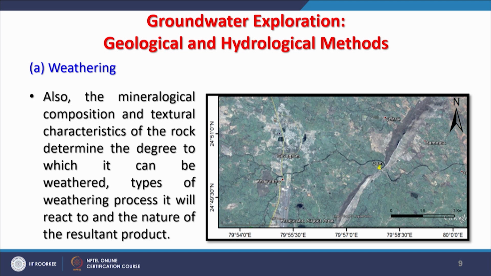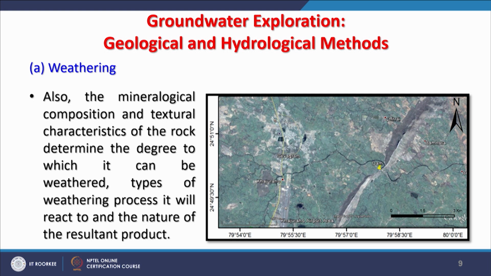Further, the mineralogical composition and textural characteristics of the rock determine the degree to which it can be weathered. If I give this example, this is Bundelkhand granite, or overall Bundelkhand granitoid, with granite or gneissic rocks here, and quartz reefs here. The mineral composition of granite is quartz, feldspar and mica, and mica and feldspar are less strong, or more weatherable, than quartz.